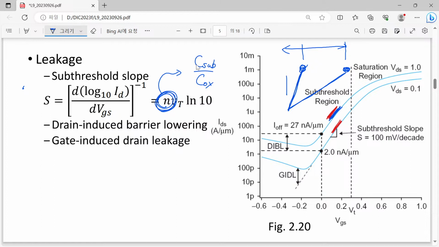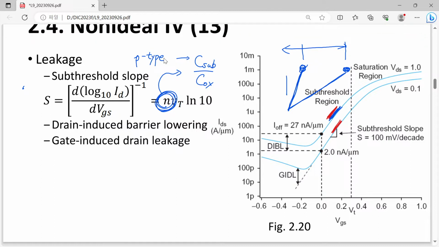So what is it? This is the capacitance originating from our p-type substrate in the case of an n MOSFET. Simply speaking, it means that if we have no substrate, or when the substrate is fully depleted, then that will go to 0.